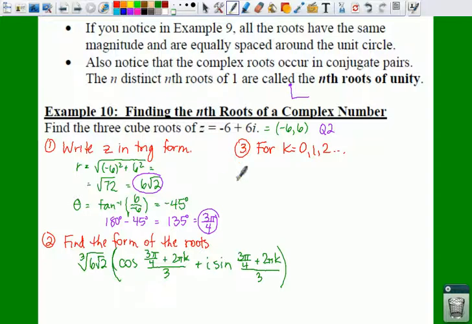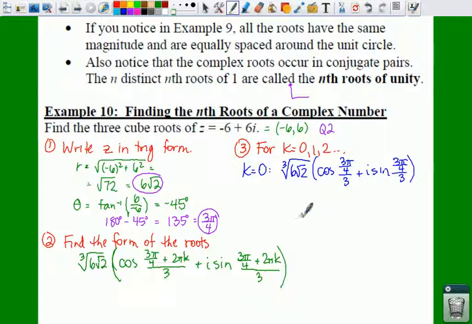So when k is equal to 0, you have to plug in a 0 for your k, so that's going to be a third root of 6 radical 2, that's going to be nice and pretty, times the cosine of, plug a 0 in for 2 pi k, that's just a 2 pi times 0, which is just gone. So you have a 3 pi over 4 divided by 3, plus the sine is going to be the same. So you're going to have 3 pi over 4 divided by 3.